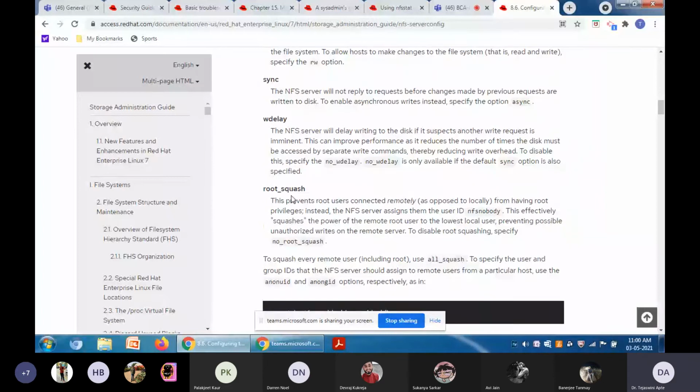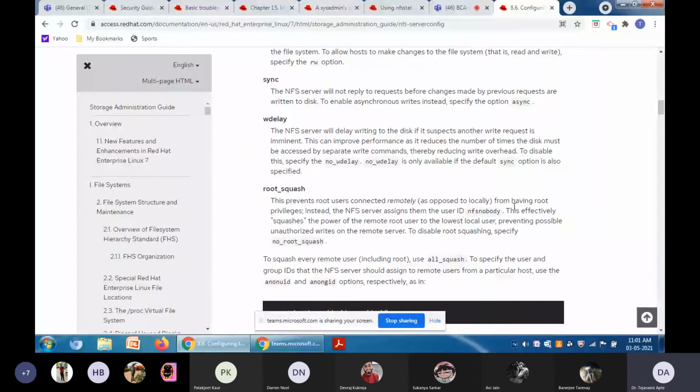Squashing the root permissions. That means you are saying that a normal root user from your system will not work as a root user on the other system. Squashing the root permissions prevents root users connected remotely from having root permissions.